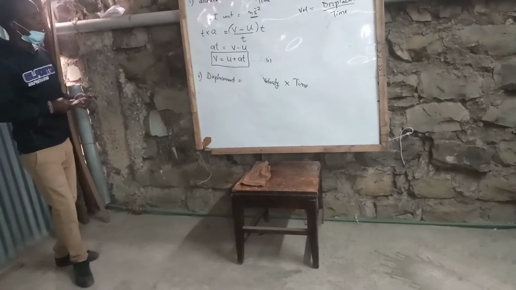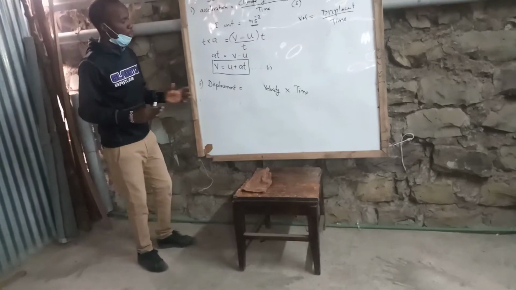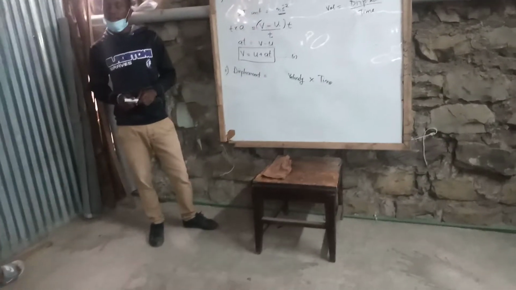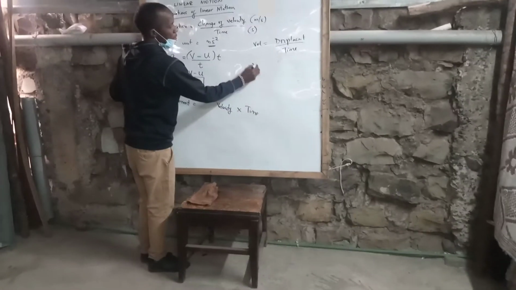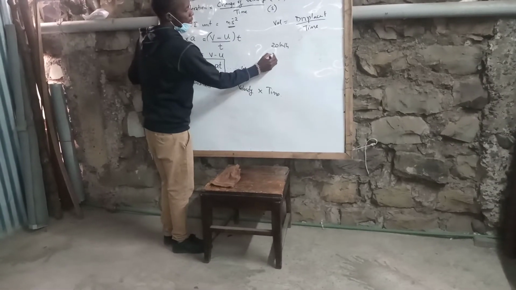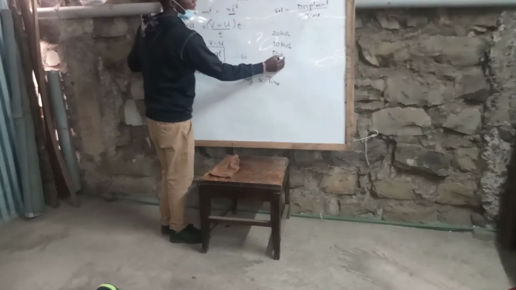But if we have an object that is experiencing a change in velocity, we must take the average velocity. You get, for example, a car going at 20 kilometers per hour, then at some point it is 30, then at some point it is 50, and so on.